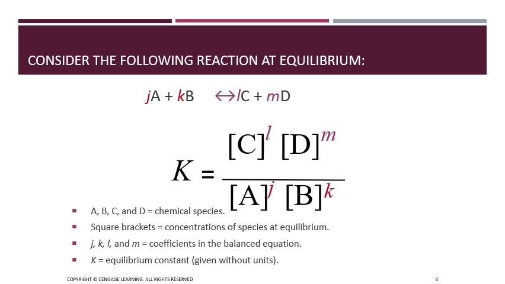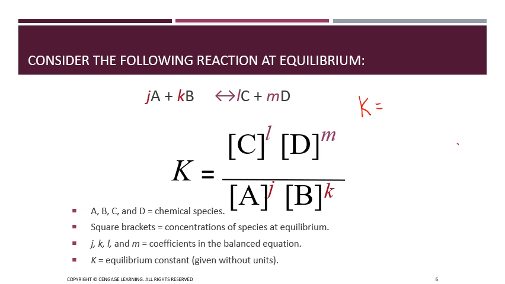In general, for any reaction that is at equilibrium, we can set up our expression for K by placing the concentration of the products raised to the power of their coefficients divided by the concentration of the reactants raised to their coefficients.